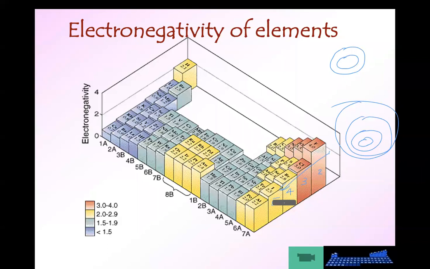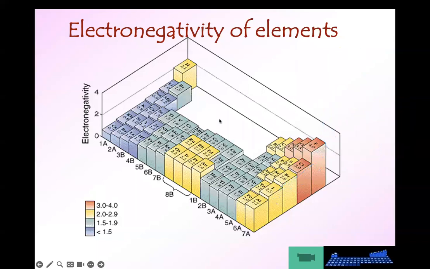So if it is experiencing the attractive force for the outermost shell, a lot of electron shells penetrate. As a result, iodine has the least electronegativity compared with the two-shell fluorine.